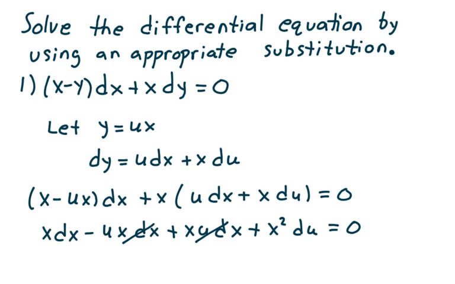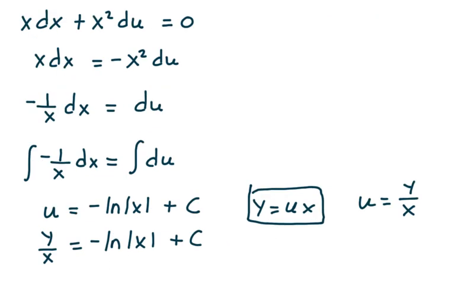Now, notice how we have xu dx minus ux dx. That equals 0. So the second and third term end up canceling out. And what we're left with is x dx plus x squared du is equal to 0.